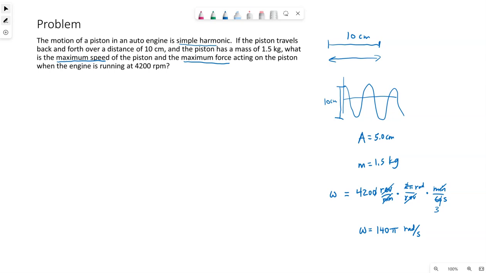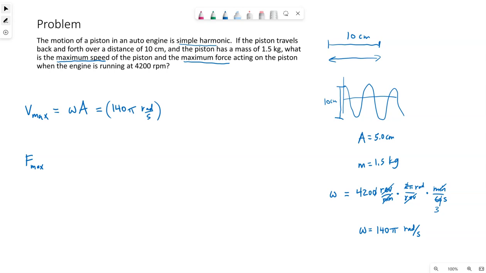Coming back to what we want to find, maximum speed, so Vmax, and maximum force. So Vmax we have found to be omega times A. Well, we now know omega. It does need to be in radians per second here.